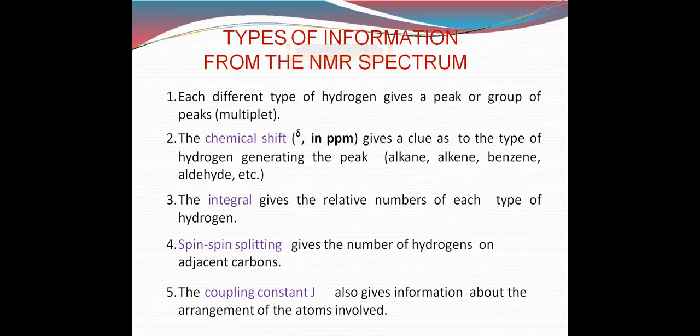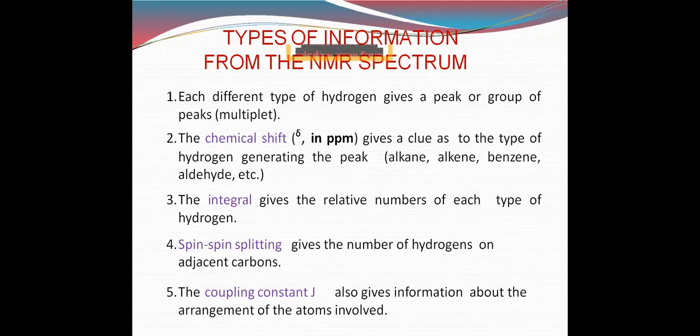First thing. Secondly, the chemical shift is denoted by delta and measured in parts per million, ppm. It gives a clue as to the type of hydrogen generating the peaks. It shows the hydrogen present in any functional group or any part of the molecule, like alkane, alkene, benzene, aldehyde, whatever it may be.